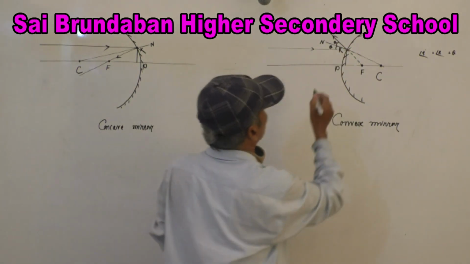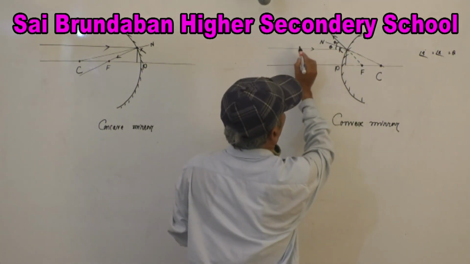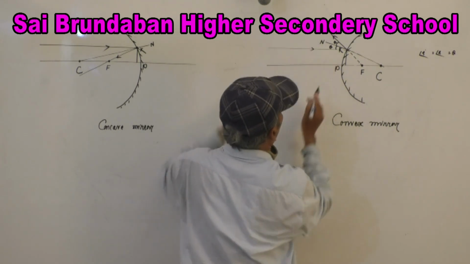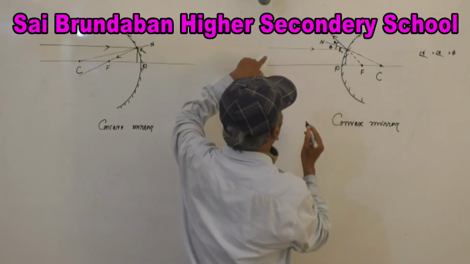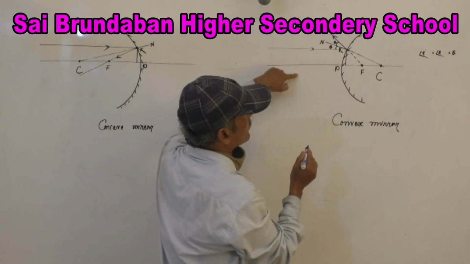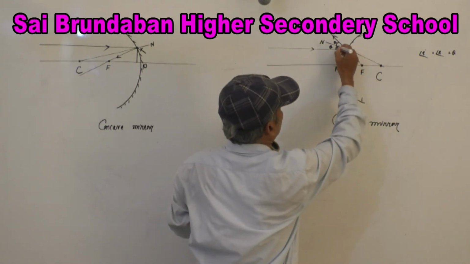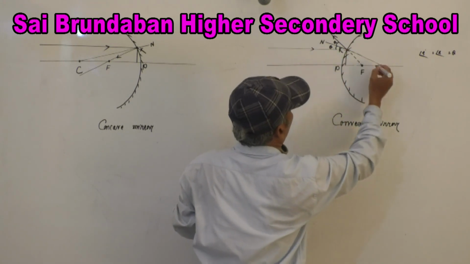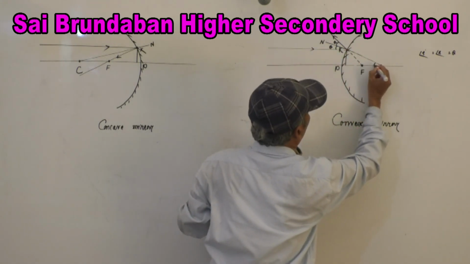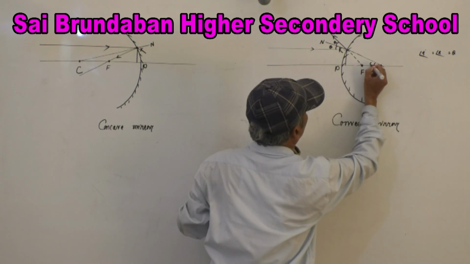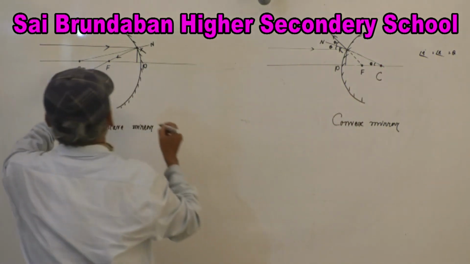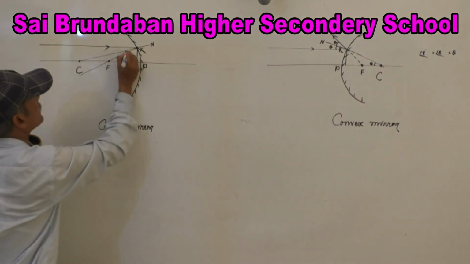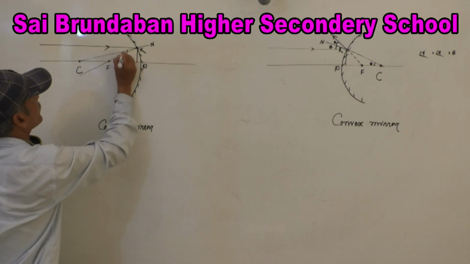So now you see this is the principal axis and the ray is parallel to the principal axis. So now this angle is equal to this angle, this is theta. You come to here, this angle is equal to theta, this is also theta.